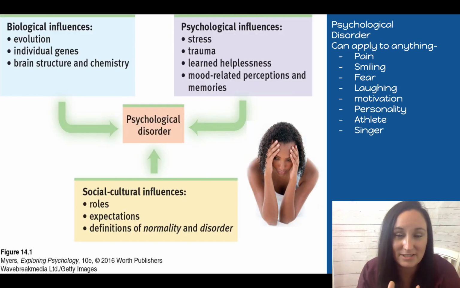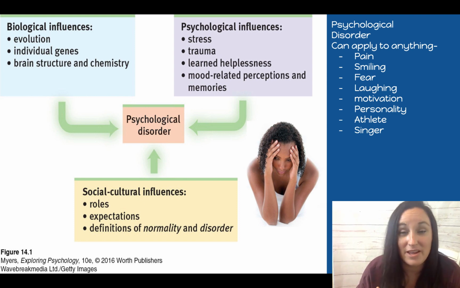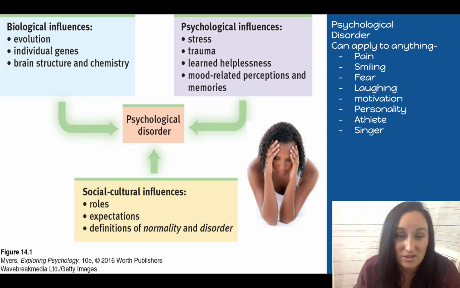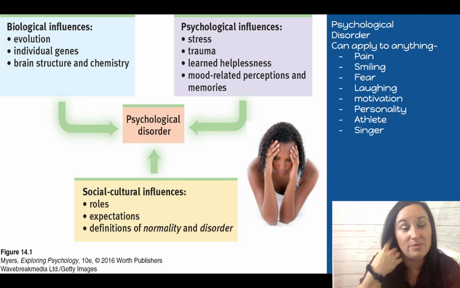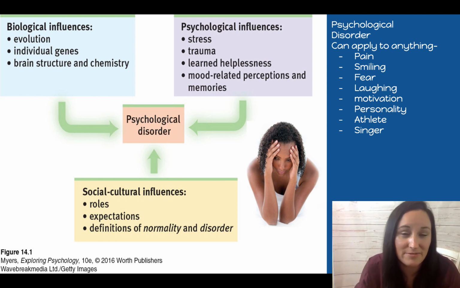So if we were to take some examples, we have a bunch of examples listed here, but let's just take psychological disorder, because anxiety and depression affect our brain. In a biological sense, it affects our neurotransmitters. So psychological influences of a disorder could be some sort of trauma that was sustained, or some stressors in the environment, in the way that they're thinking, or their mood affecting the way of thinking.